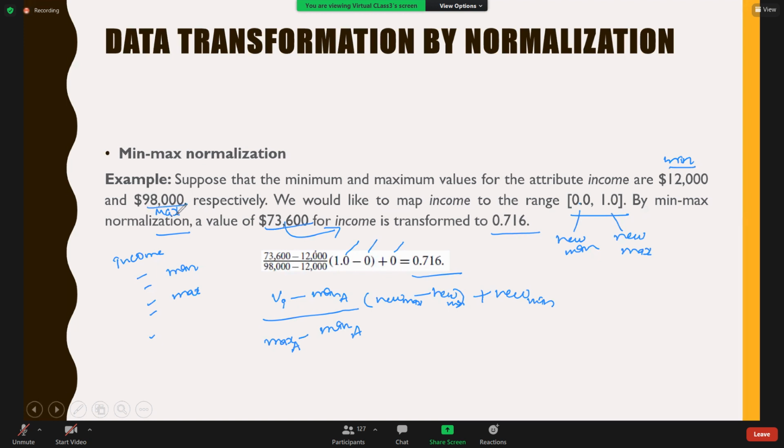Based on the values present in that income, you're transforming this $73,600 to a new value called 0.716. The new range is 0.0 to 1.0. So in this way, a large range of values can be mapped to a smaller range of values.